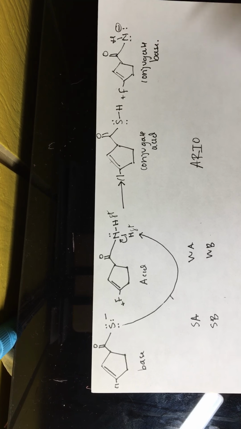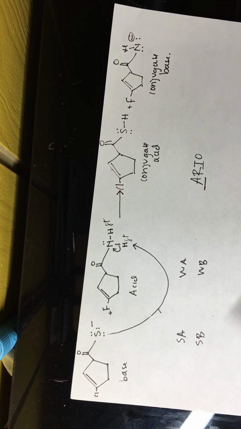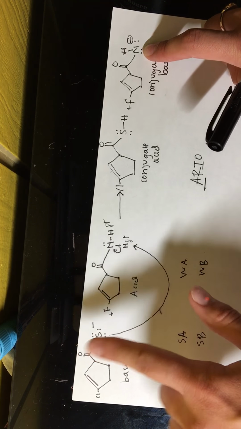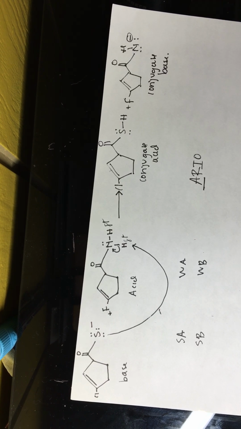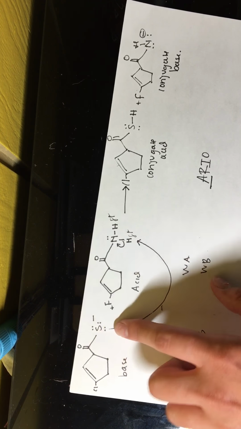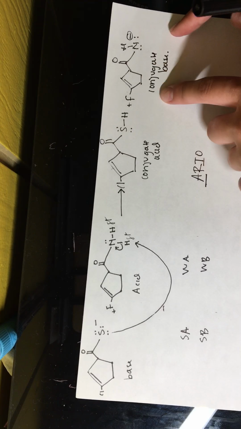From there, we're going to compare using the atom effect, so the A in ARIO. Since sulfur is more electronegative, it can pull and hold that negative charge a lot better than the nitrogen can, making it a more stable base than this one over here.